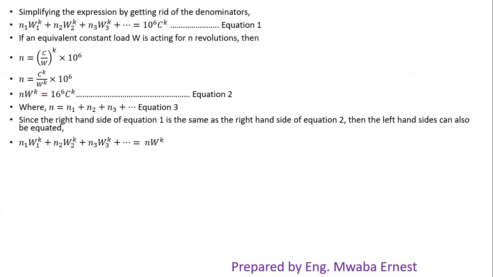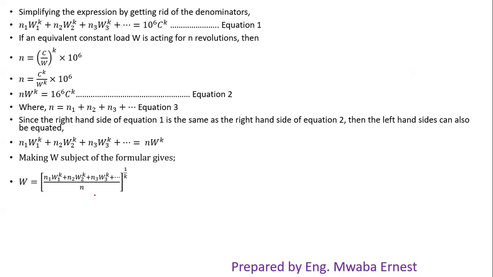This is equal to N W power K. Having done that, we can make W now the subject of the formula from there, which gives us W is N1 W1 power K, N2 W2 power K, just like that, over N.